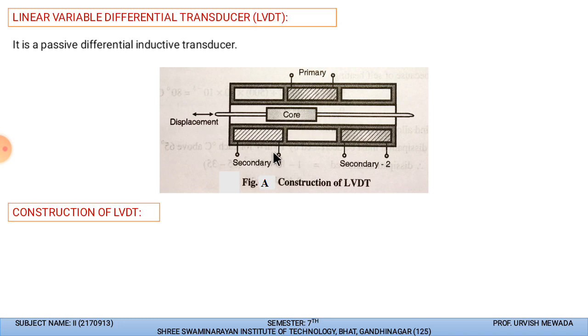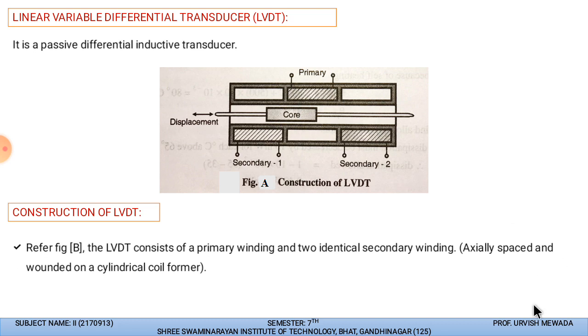It means the mutual inductance of those two windings will be the difference of the two. Again we have paper or any type of former, and above that we have the primary winding. So this is how we construct the LVDT.